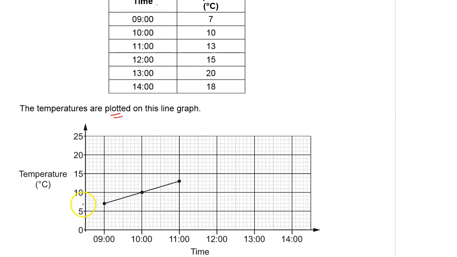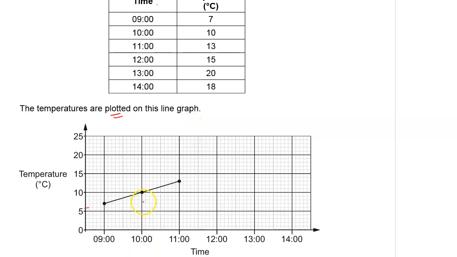We are supposed to read the scale of the axis correctly. Each one of the small squares is 1 on the y-axis, and then on the x-axis we have 9 to 10. We have 10 small squares, and of course it basically means one small square is some minutes.